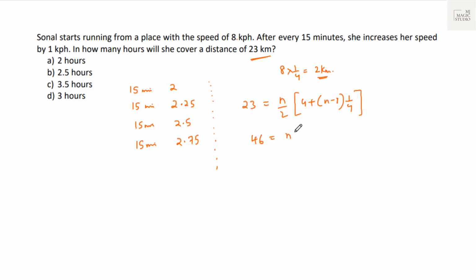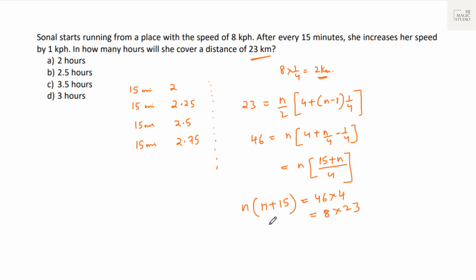So 46 equals n into 4 plus n by 4 minus 1 by 4, that is n into 16 minus 1, 15 plus n by 4. So we are getting n into n plus 15 is equal to 46 into 4. 46, 23, bingo, and 2, 8 into 23. So if n is equal to 8, n plus 15 is equal to 23.